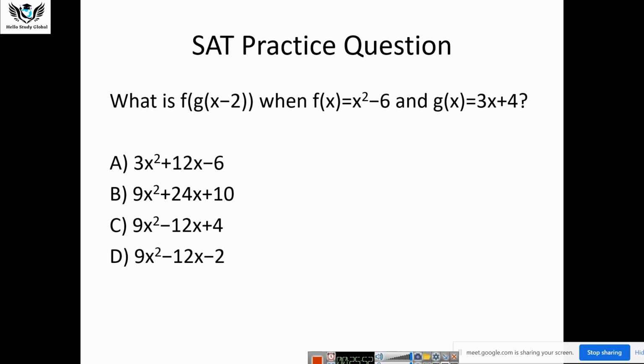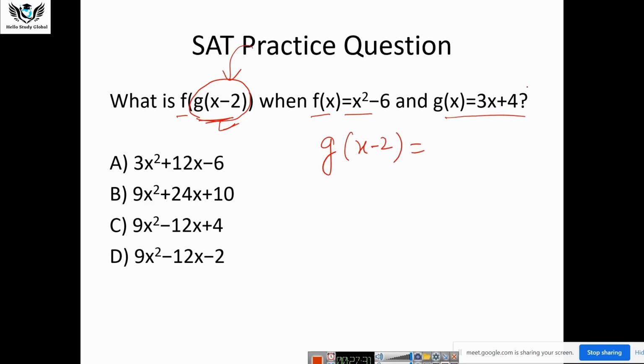Let's try this question. So what is f of g(x minus 2)? Right, so first of all we'll have to figure out what is g(x minus 2), when f(x) is given as this and g(x) is given as this. So first let's try and find out g(x minus 2).